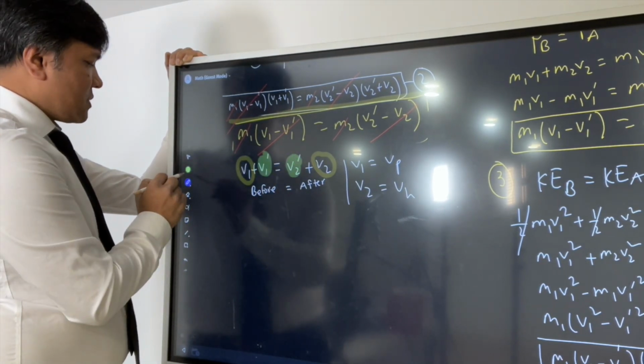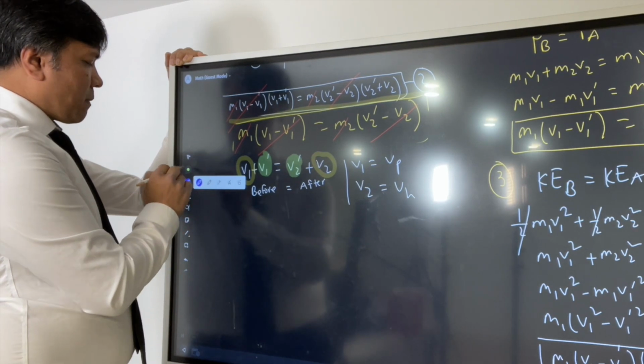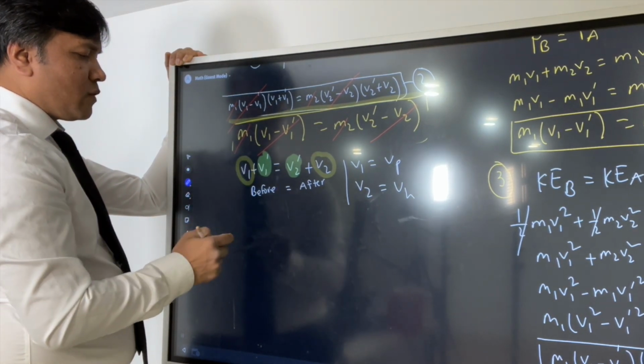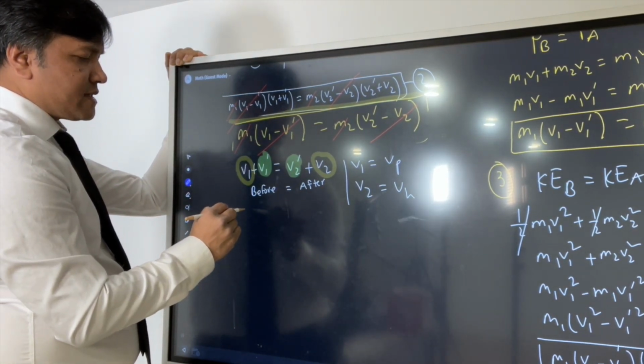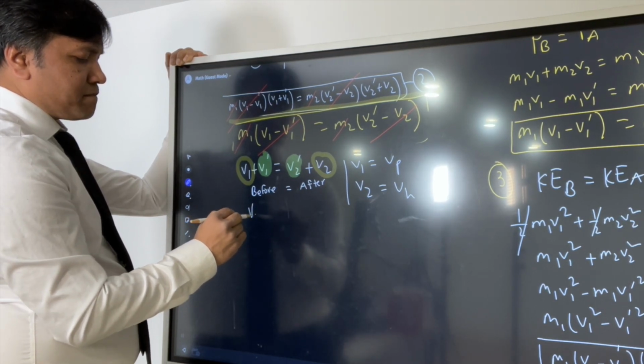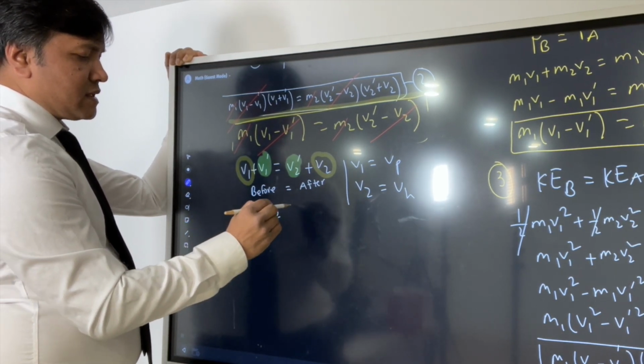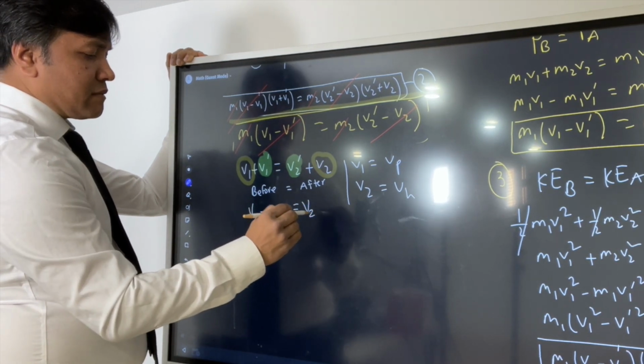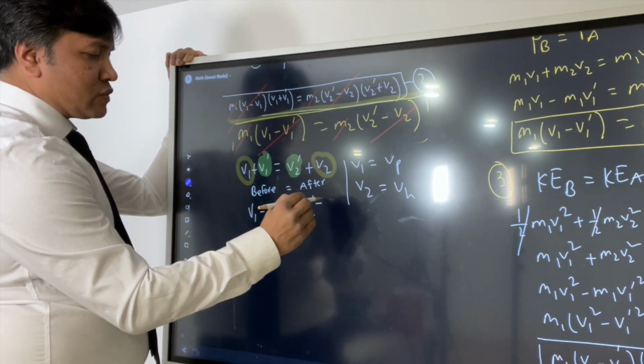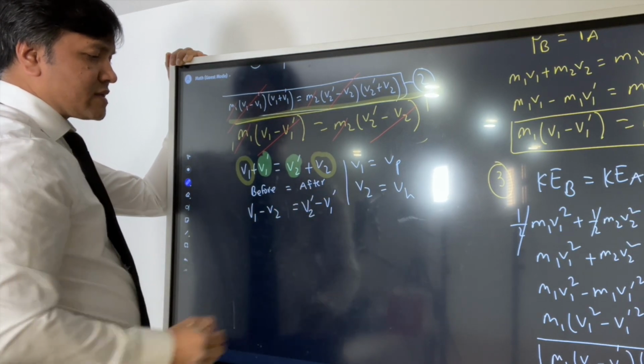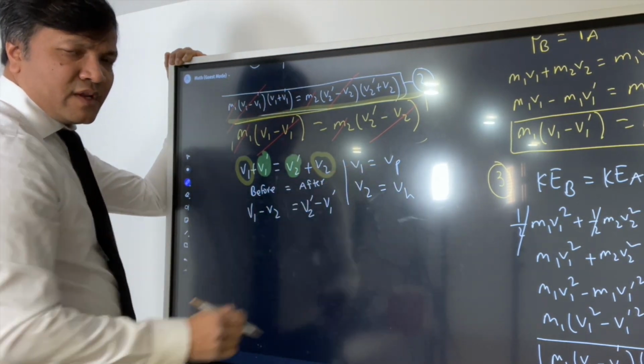So I'm going to bring the before one, the one without the prime, to the left side, and I'm going to bring the other two to the right side. Now it's time to change the variable.